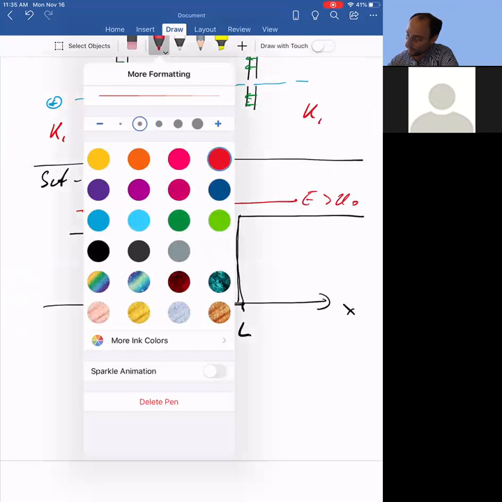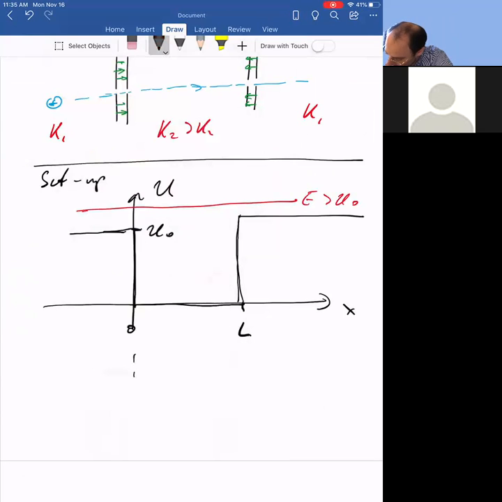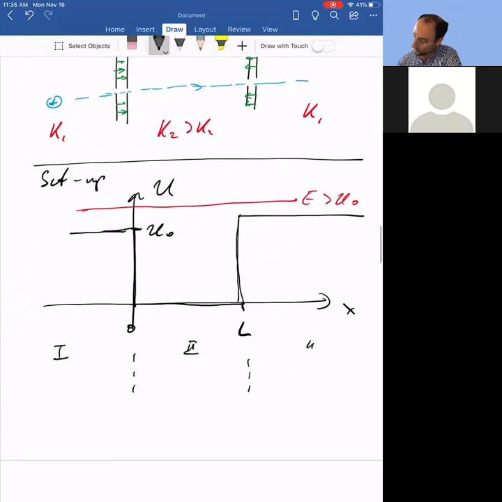Again, you have 3 regions, right? This is region 1, this is region 2, this is region 3. In region 1, the time-independent Schrödinger's equation, again, remember, we use separation of variables. The temporal component to the Schrödinger's equation is just a complex oscillation e to the minus i E over h bar times t.